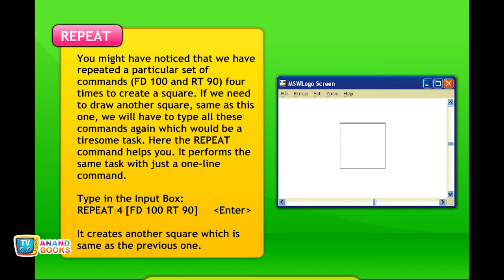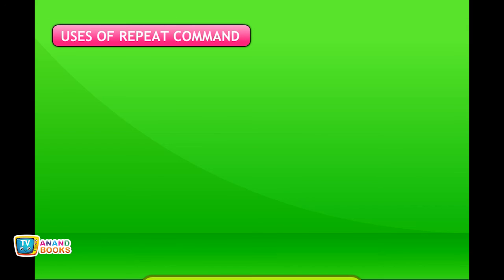Here comes the repeat command for you. It performs the same task with just a one-line command. Type in the input box repeat 4 FD100 RT90. Enter. It creates another square same as the previous one.